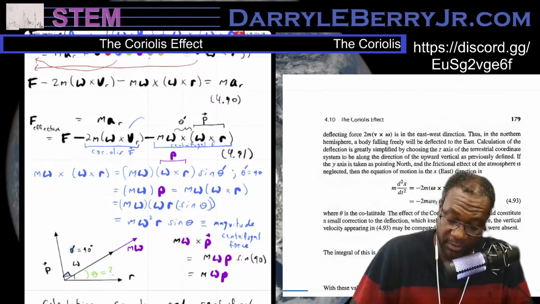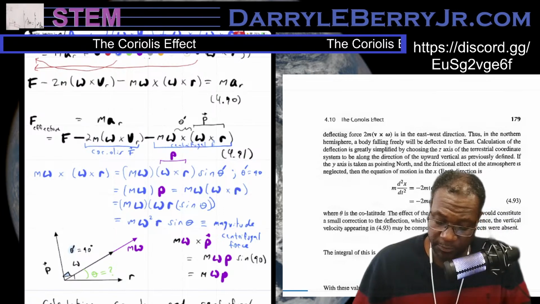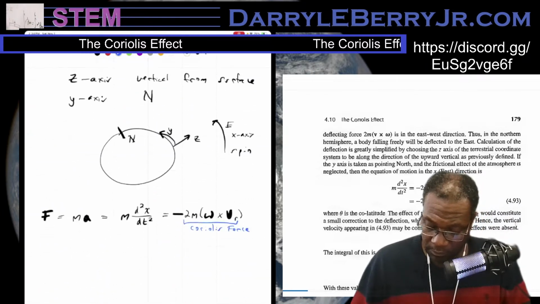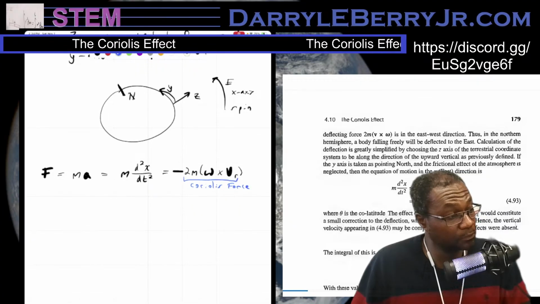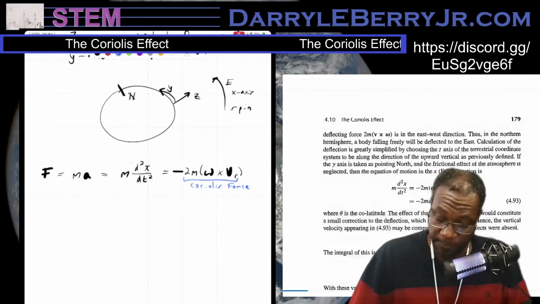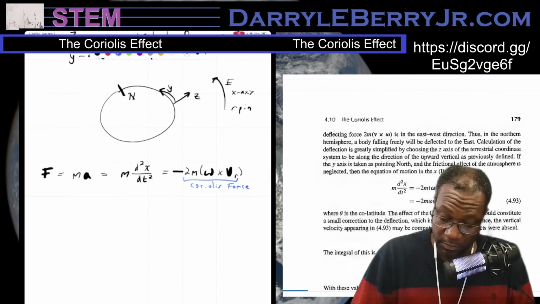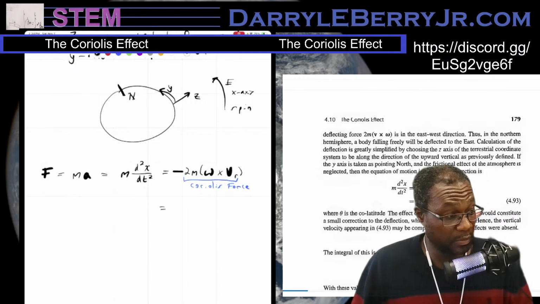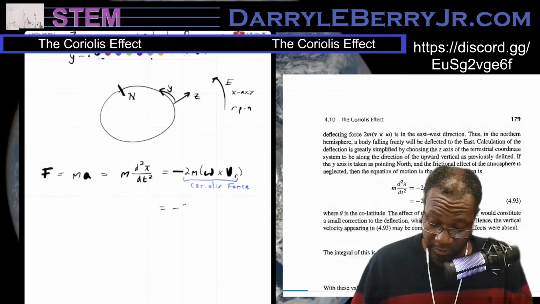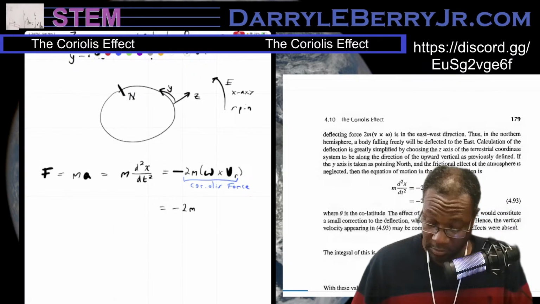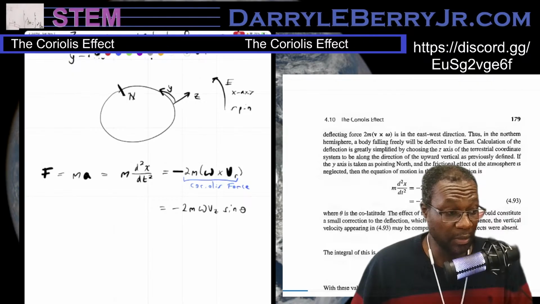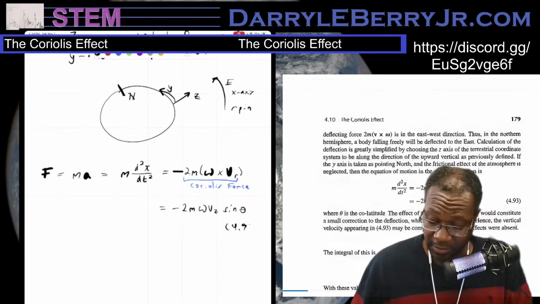So this must give me meters per second squared. So this equals negative 2 m omega vz sine theta, and this is 4.93.